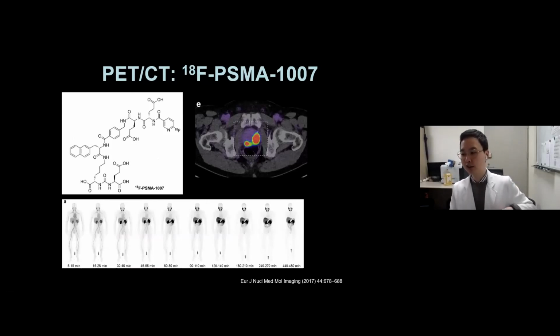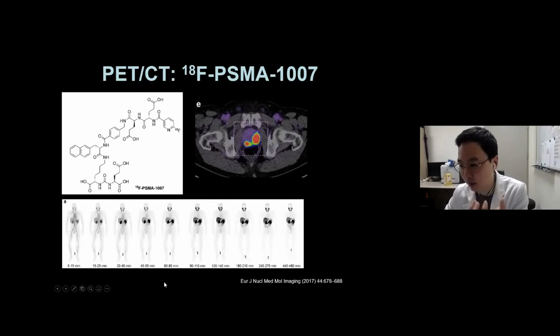And more recently, as F18 has the advantage over gallium-68 for its availability and relatively longer half-life, attempts were made using F18 labeled PSMA. As you can see from the biodistribution study of PSMA 1007, there is very minimal urinary excretion.